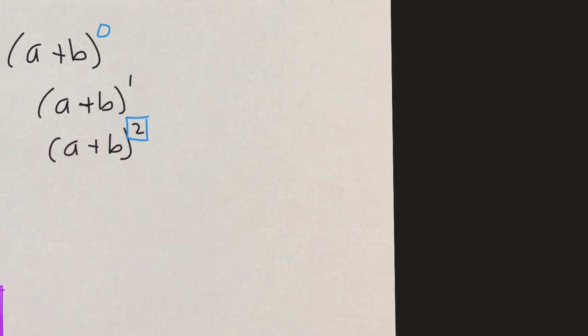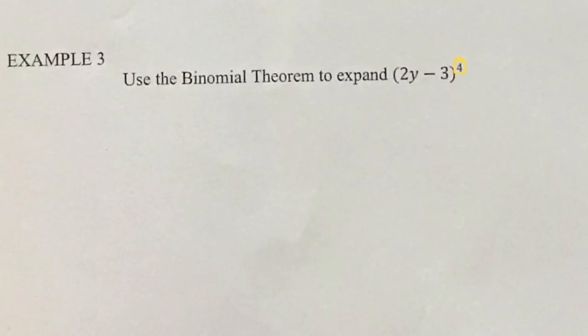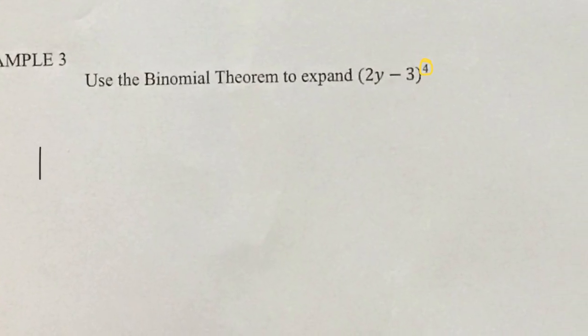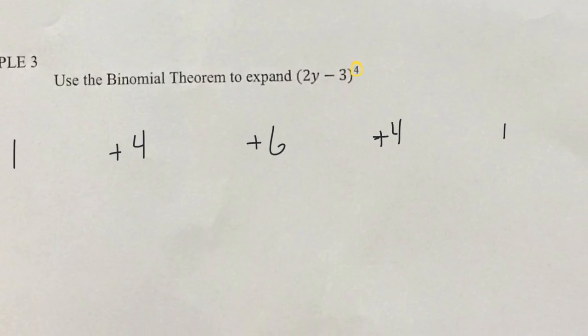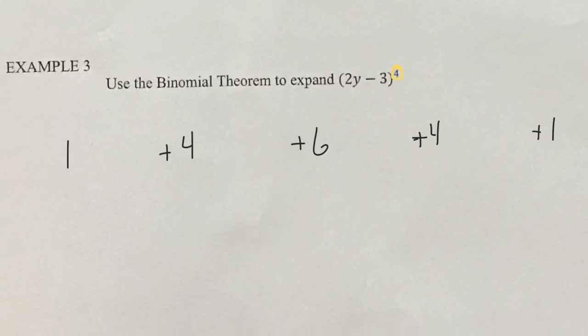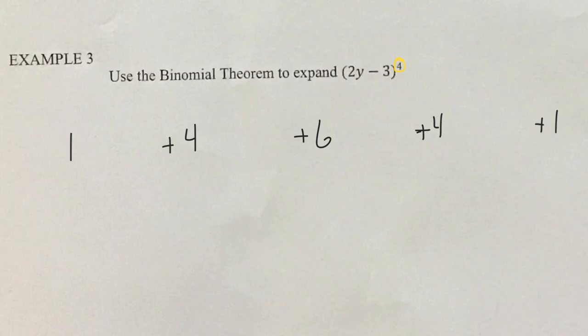We always start with our coefficients. 1 plus 4 plus 6 plus 4 plus 1, right? And always leave a space because we have to have our other 2 terms in there also. So we leave a lot of space in between your number and your pluses because we are not even close to being done. Okay?